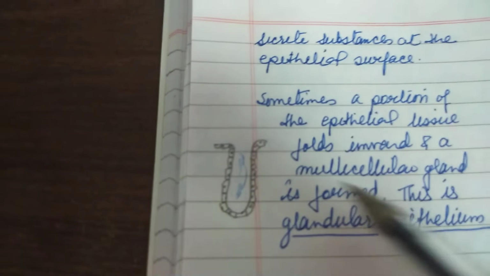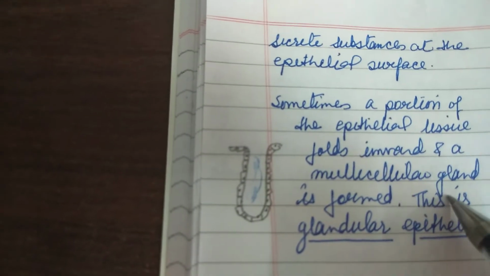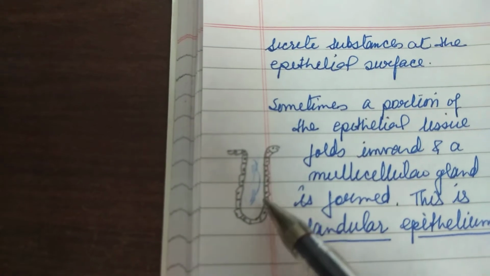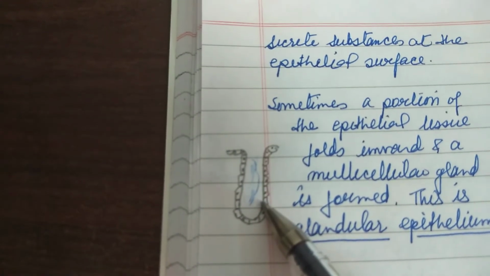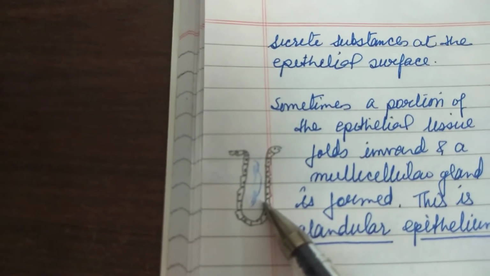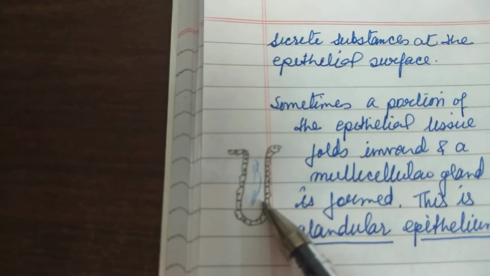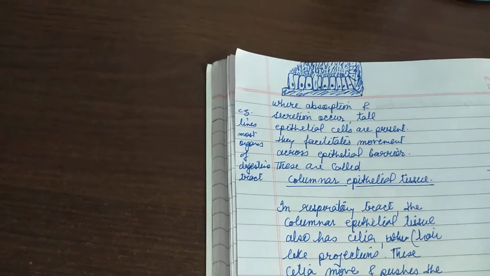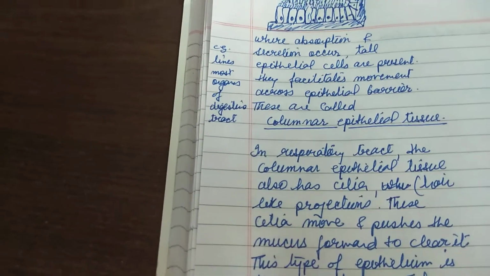It can be a single cell or multicellular. These multicellular glands are called glandular epithelium, and they secrete substances at the epithelial surface. Clear? I hope this epithelial tissue is clear to you, and we'll do the next tissue in the next video. Thank you students. Thank you so much.